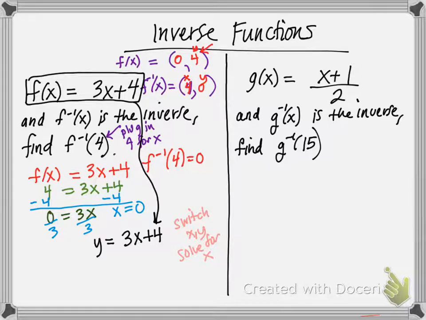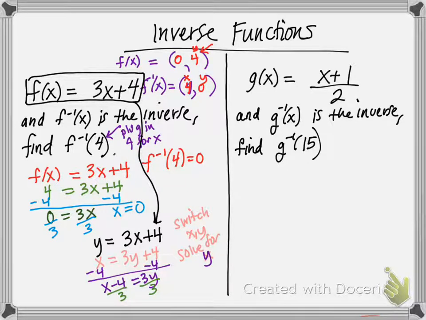So it becomes x equals 3y plus 4. To get y alone, I would subtract 4 from both sides. So I get x minus 4 is equal to 3y, and then you divide both sides by 3.